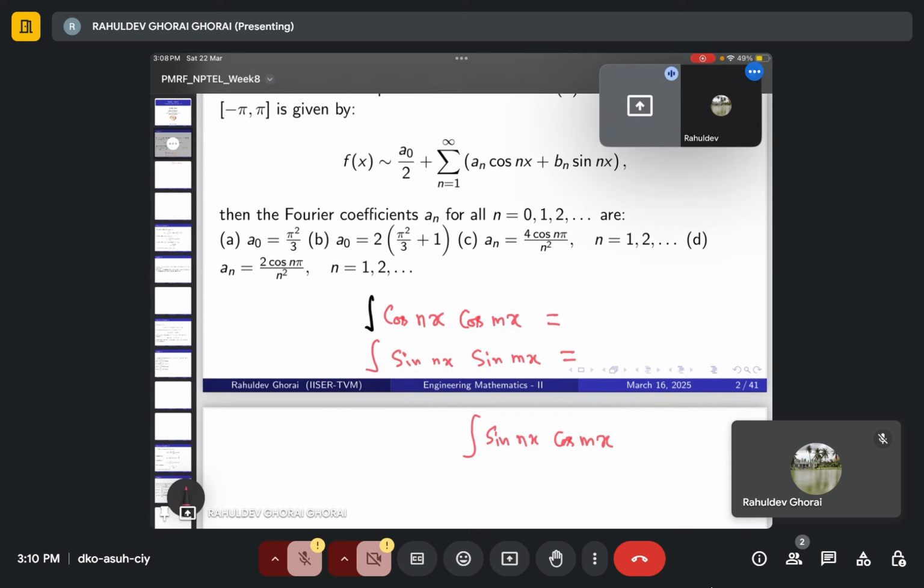So the dot product or the inner product of two vectors, whatever you want to say, is 0. And in this case, for cosine and sine functions, we can define the inner product as the integration of their product, right? When you define it like that, this product should be 0. So the integral of sin nx cos mx is 0, and one can show that, which implies they are orthogonal.